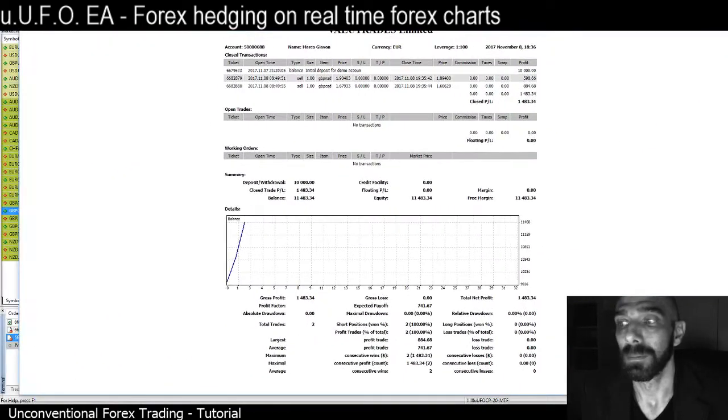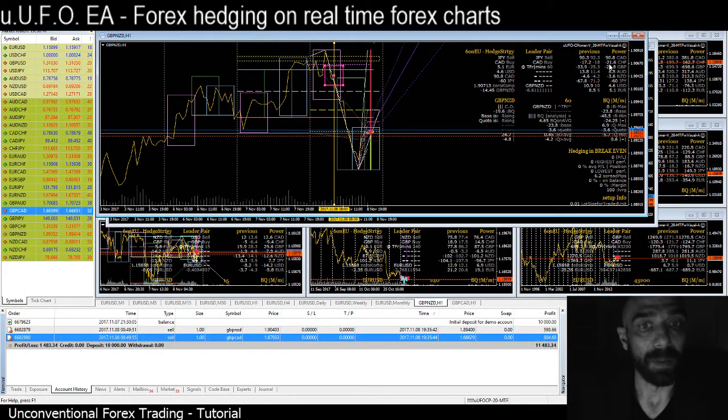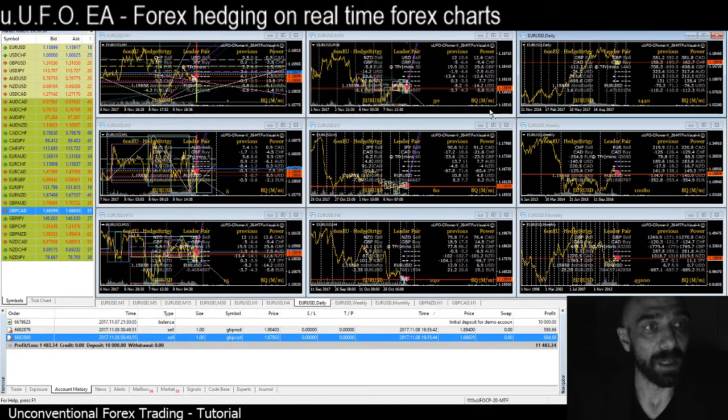This is the very simple trade that I have realized in this day, so in less than 24 hours, to be precise, 10 hours. So in 10 hours this was the result, trading only two lots on two currency pairs. Let's give a brief analysis of this.